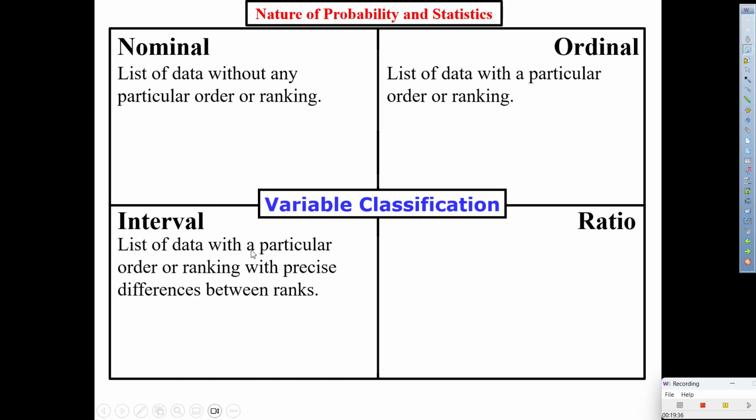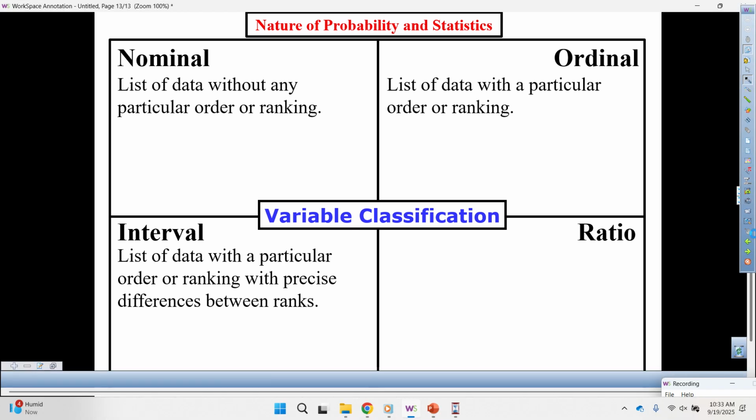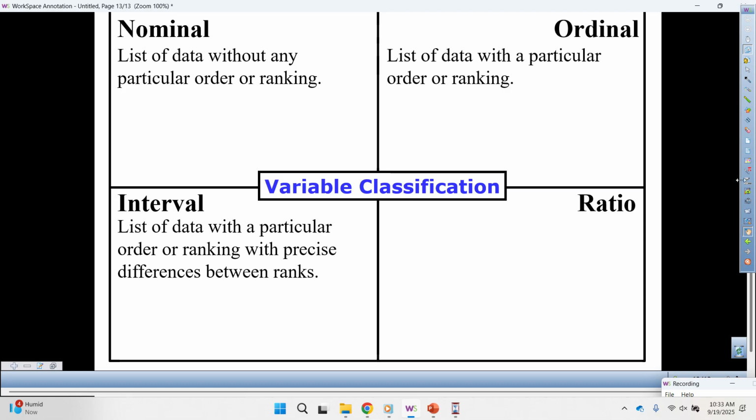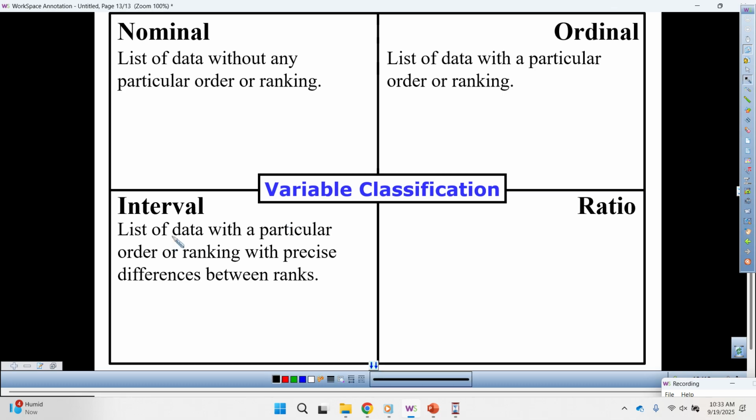Go to interval. List of data with a particular order or ranking with precise differences between ranks. This one is very precise. Now check this out. There are schools, colleges, that in order for them to give you financial aid, they need to know your GPA.